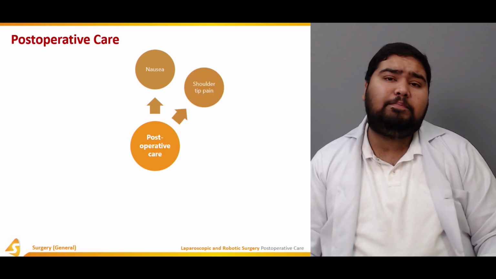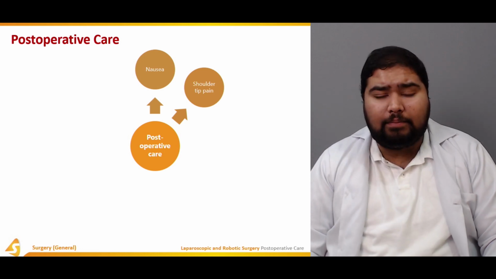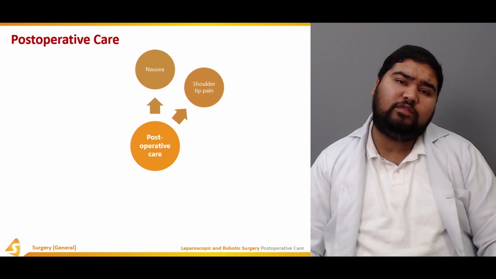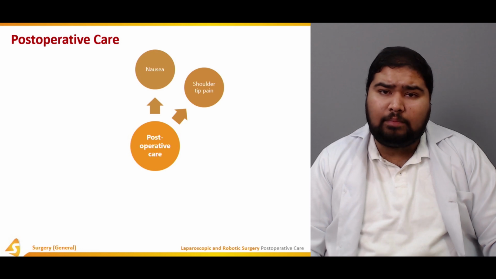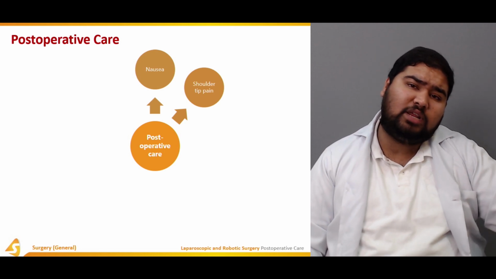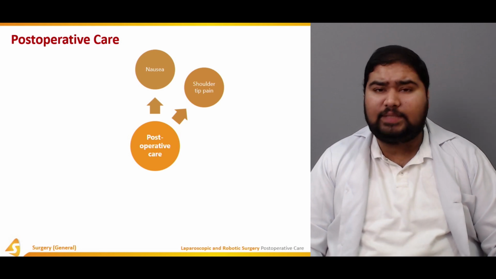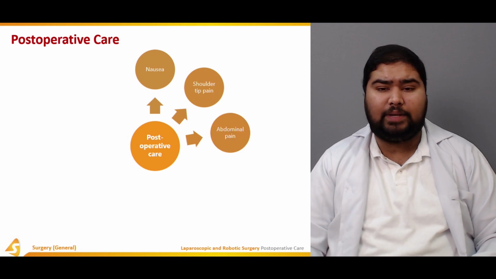Now, shoulder tip pain is actually the referred pain from the diaphragm. So it is not a new pain, so the patient should be told of this. Most of the patients develop a sharp shoulder tip pain 3 to 4 hours post surgery, which develops rapidly and subsides rapidly.